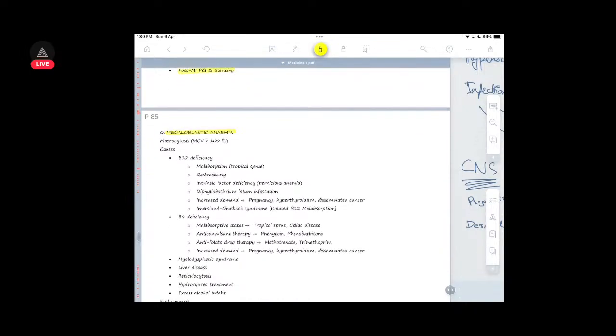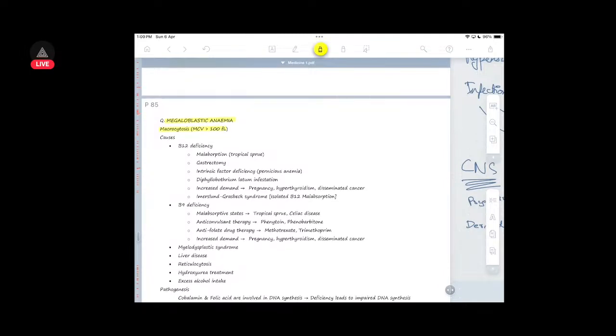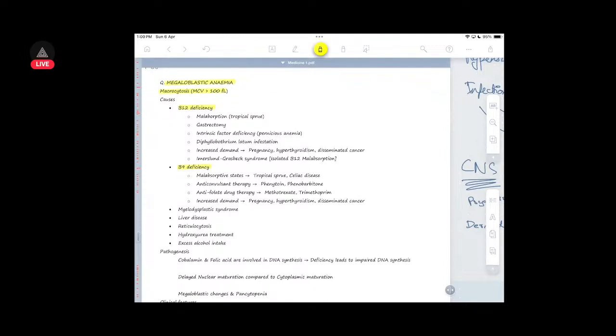Okay. Megaloblastic anemia: macrocytosis more than 100 femtoliters. It is caused by B12 deficiency and B9 deficiency, myelodysplastic syndrome, liver disease, reticulocytosis, hydroxyurea treatment, and excessive alcohol intake. B9 deficiency can be due to tropical sprue, gastrectomy, intrinsic factor deficiency, Diphyllobothrium latum infestation.